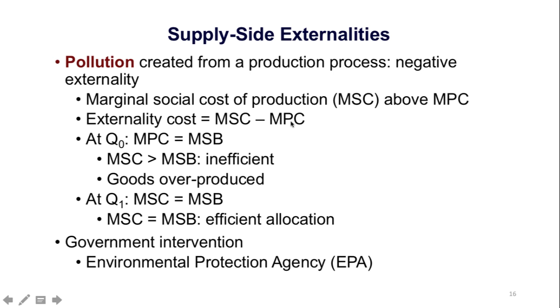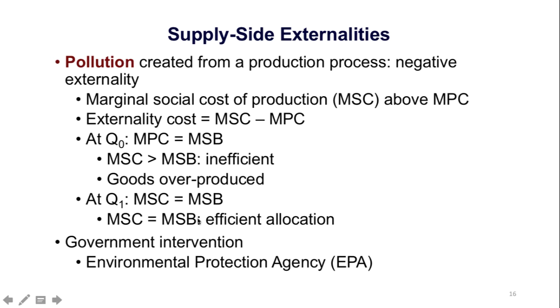The quantity is determined by the individual where the marginal private cost equals the marginal benefit, which means the marginal social cost is greater than the marginal social benefit. This is inefficient because the marginal social cost, because of the pollution, is greater than the marginal social benefit.